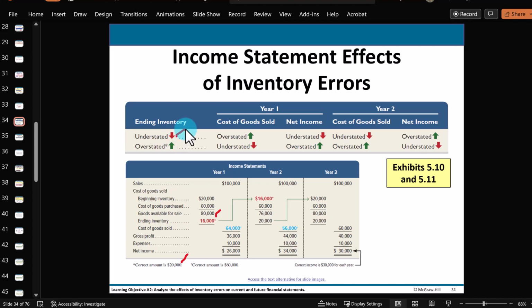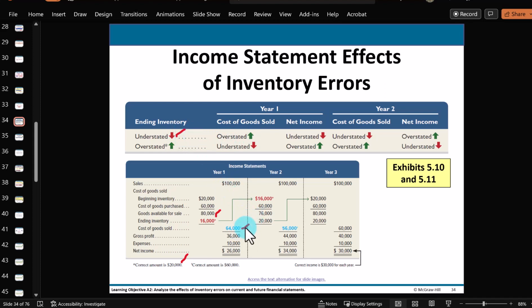But the effect is now when you subtract that ending inventory from the goods available for sale, you're going to have a wrong amount of your cost of goods sold. The cost of goods sold is going to be too big. Here they call it overstated because your ending inventory is understated.